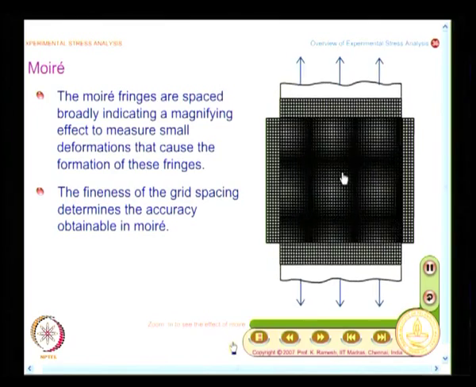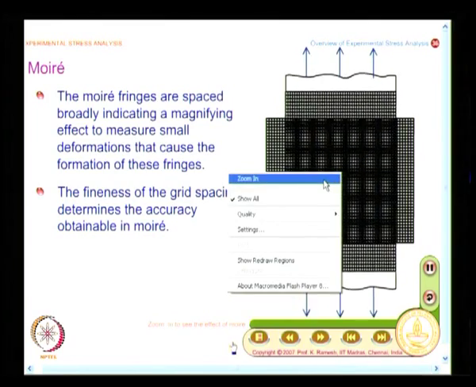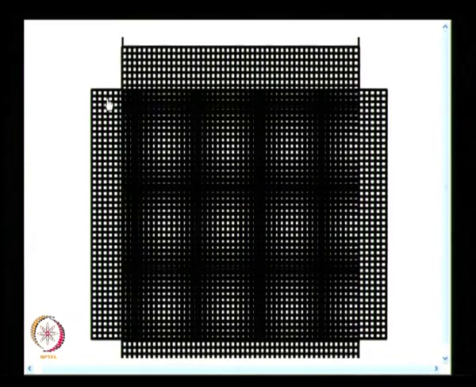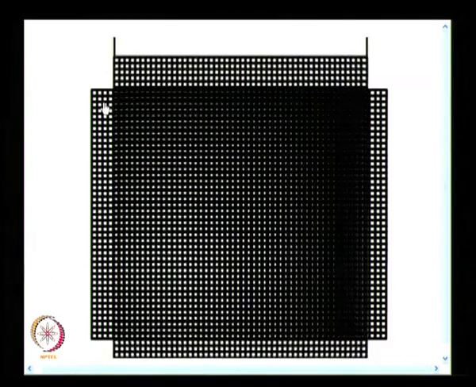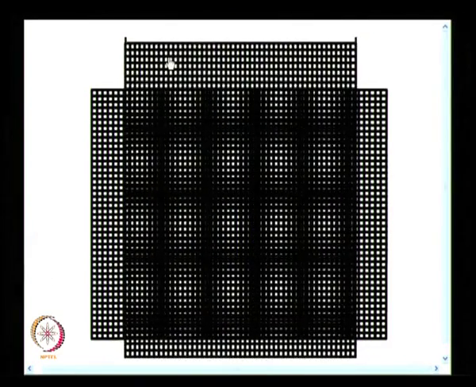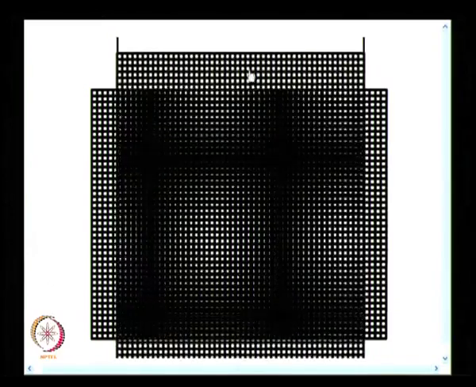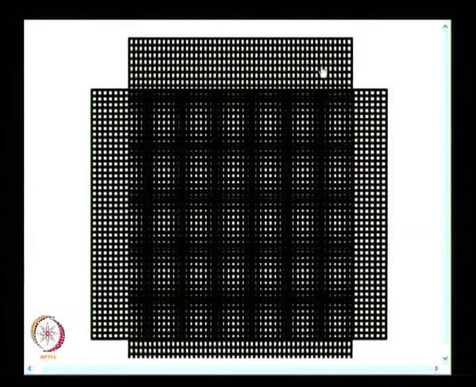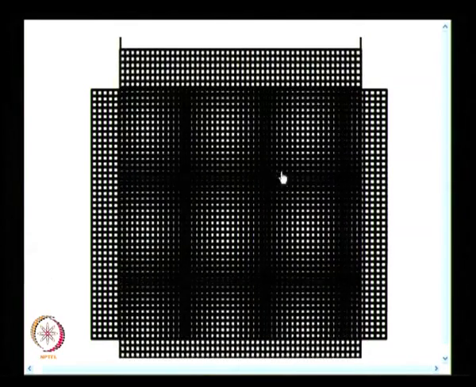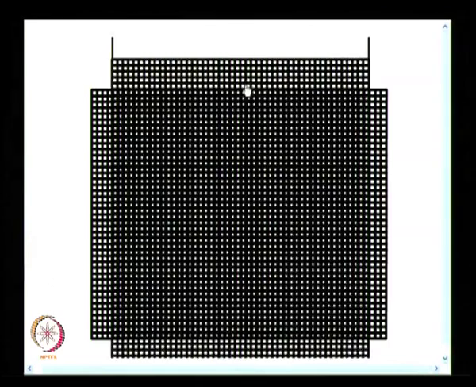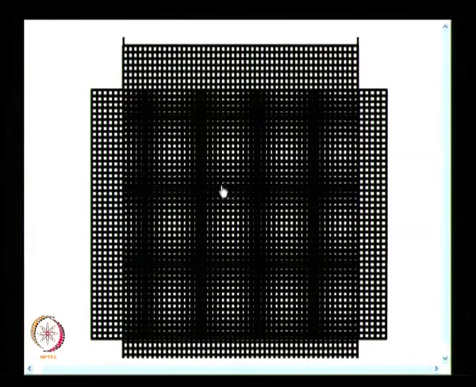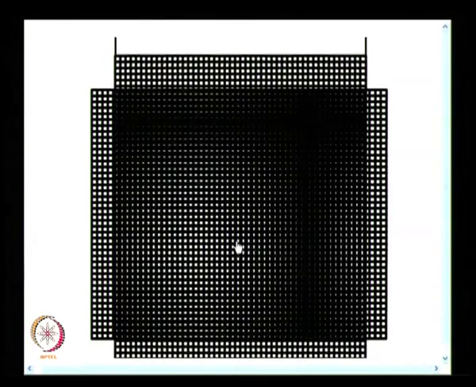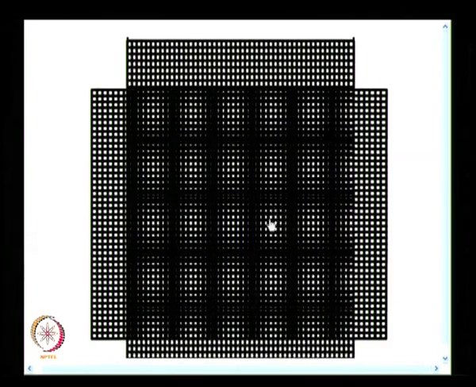And what you have here is, I have two grids, I call this the master grating, and this is attached to the specimen which is pulled, because of the Poisson ratio effect the thickness comes down, and you see horizontal fringes as well as vertical fringes.